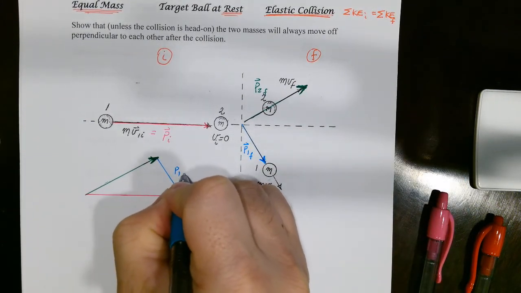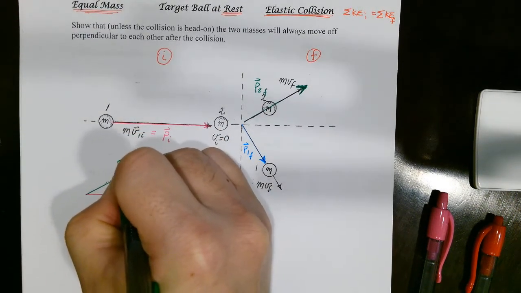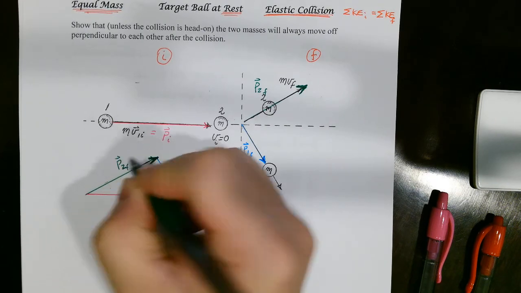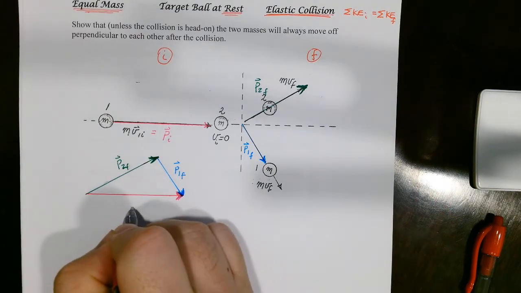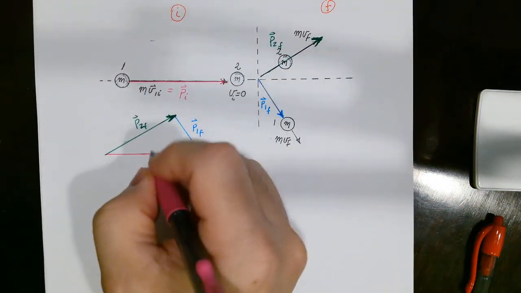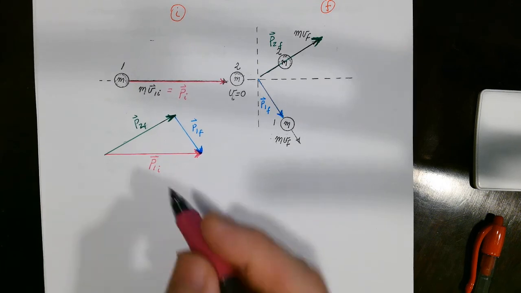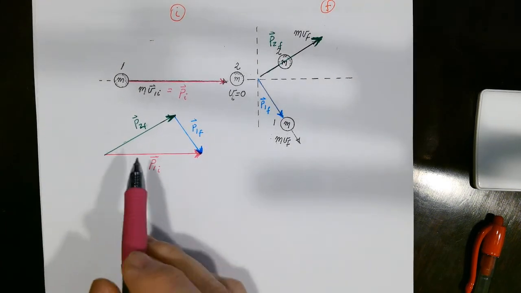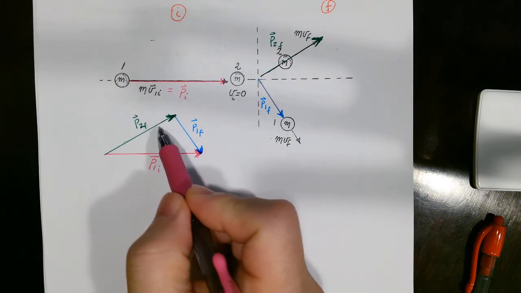So this is P1 final, and this is P2 final. This plus that should add up to this P initial. So when we add these vectors, the resultant vector should be basically the initial momentum vector. So we definitely have a triangle here. But what is this angle here?